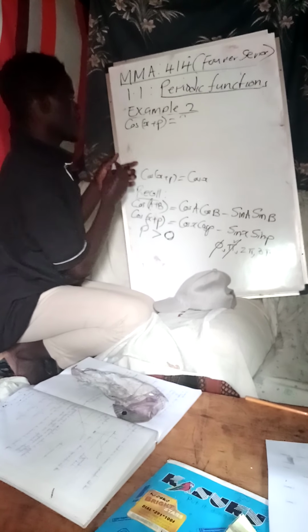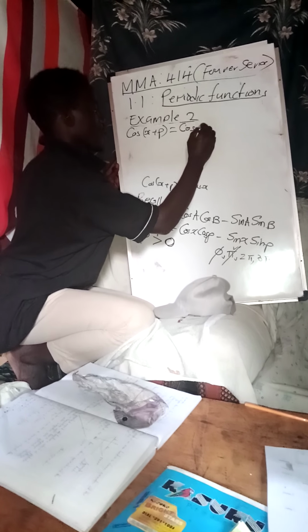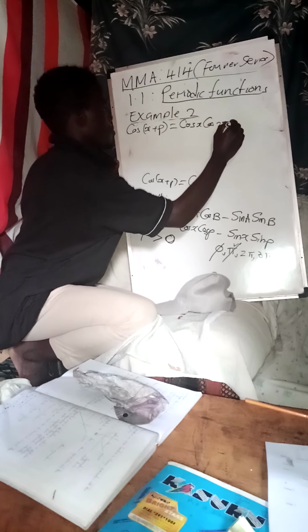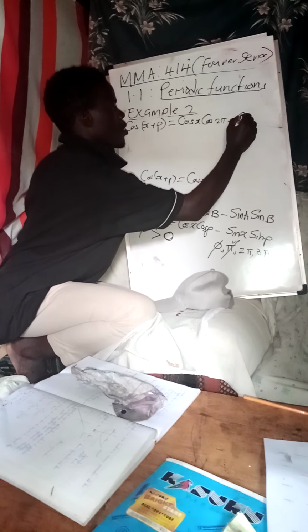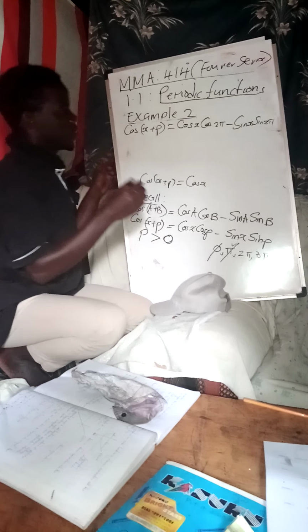Let's look at it nicely: cos x cos 2 pi minus sine x sine 2 pi.